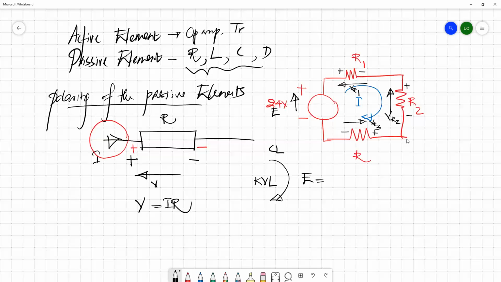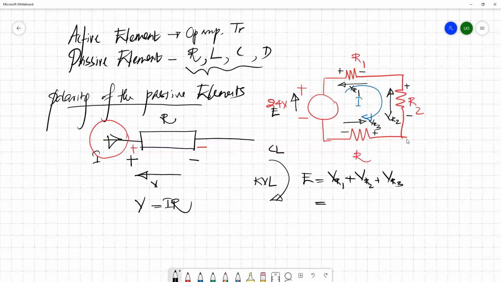How do we get this direction? We assume that the current flows through the network in the clockwise direction, and based on the direction of the current, we identify the polarities of these resistors, which are passive elements for this particular circuit. Then E equals VR1 plus VR2 plus VR3.